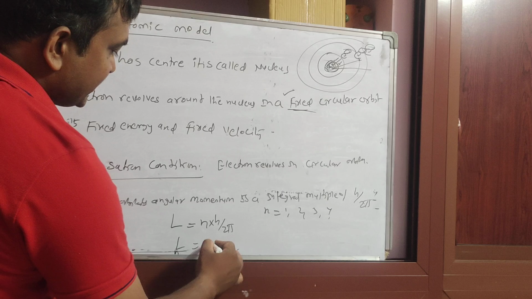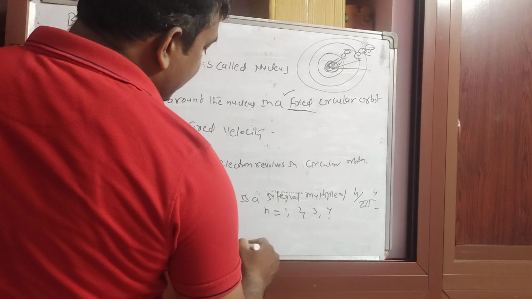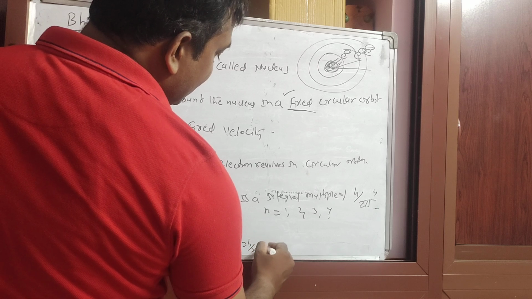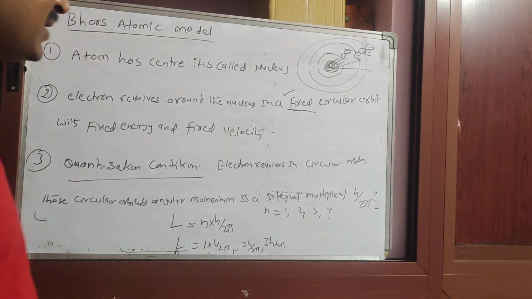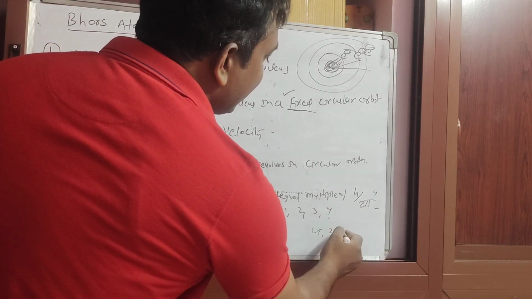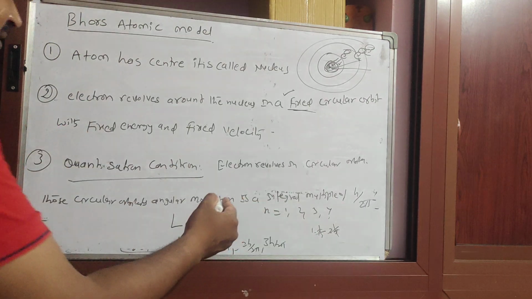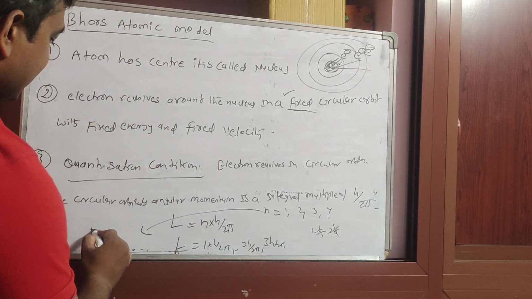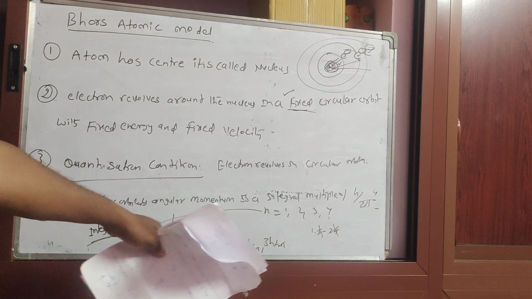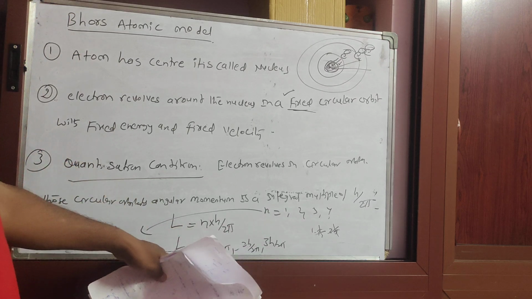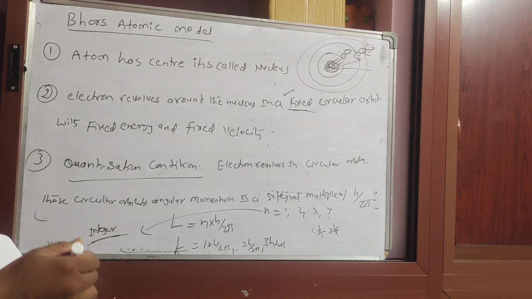That is, angular momentum L equals 1 h by 2 pi for n equal to 1, 2 h by 2 pi for n equal to 2, 3 h by 2 pi for n equal to 3. It is not 1.5, 2.5 like that, because that is not an integral multiple. Only integers 1, 2, 3. n is an integer.